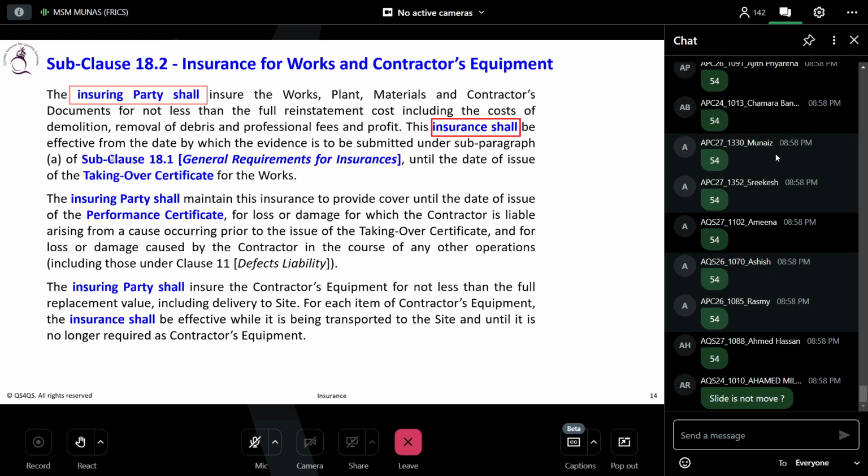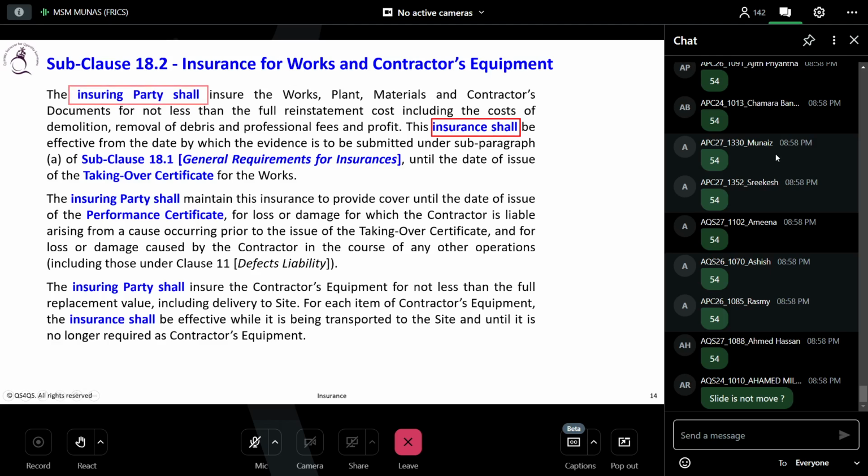This insurance shall be effective from the date by which the evidence is to be submitted under subparagraph (a) of subclause 18.1, General Requirements for Insurance, until the date of issuance of the taking over certificate.